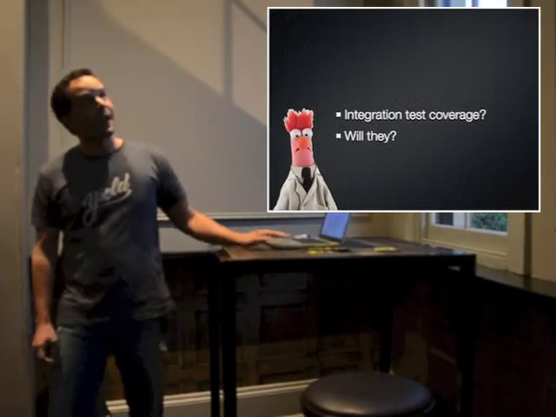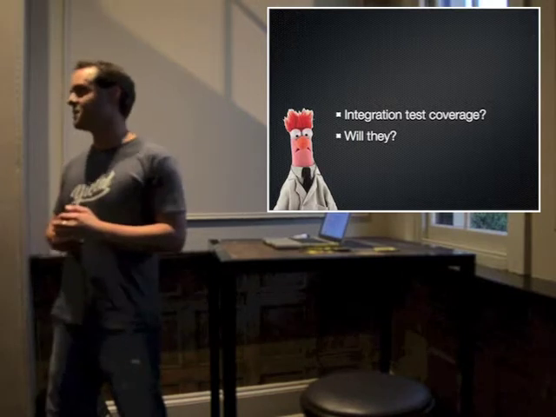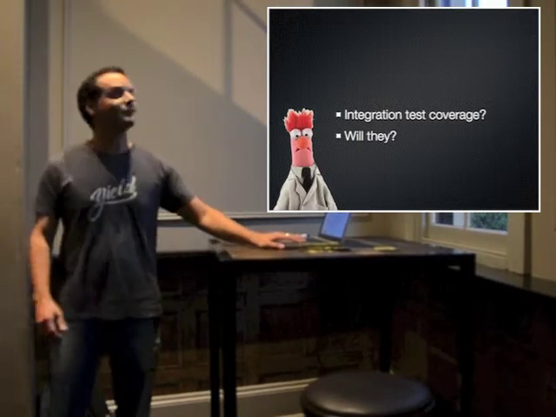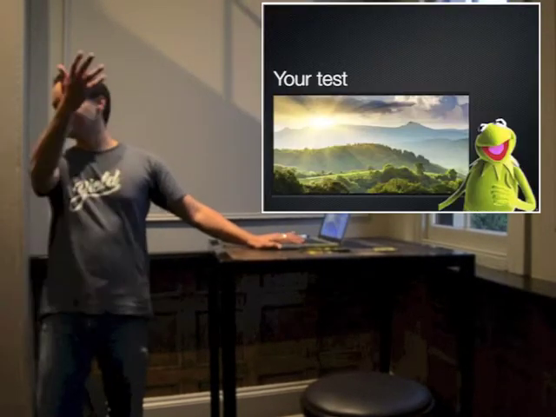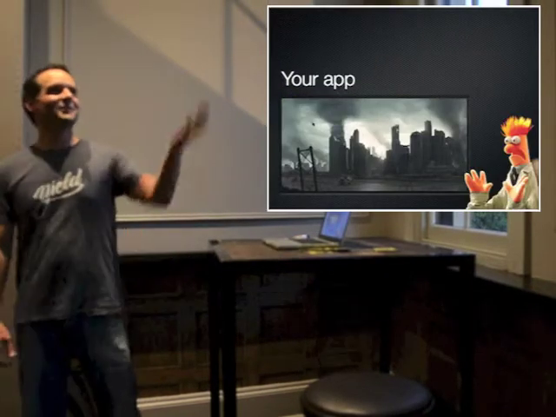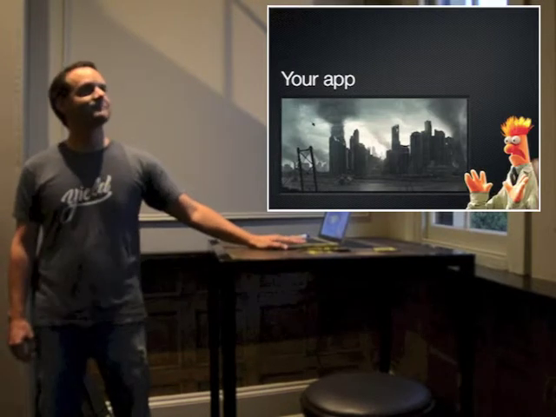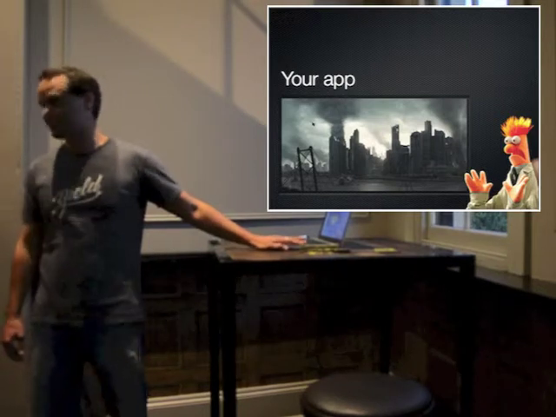And we don't always have integration tests. Maybe we're just building a gem, but we always have unit tests. So this might be your test, everything is beautiful, and your app might be broken. So that's something to be very careful about when you use a lot of doubles and stubs in your tests.